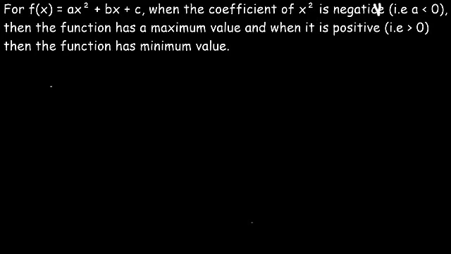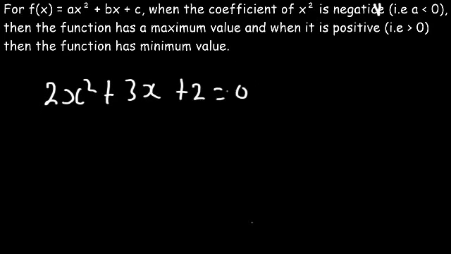It means when you're having an expression like, for instance, 2x squared plus 3x plus 2 equals 0, the fact that the coefficient of x squared here is 2, a positive value, then after graphing this function, we are going to have a minimum value and a minimum point.